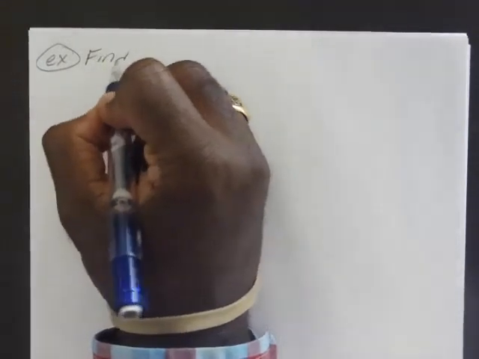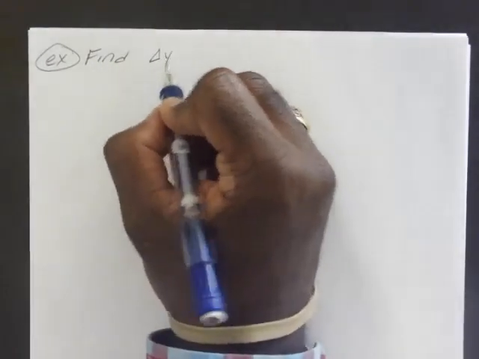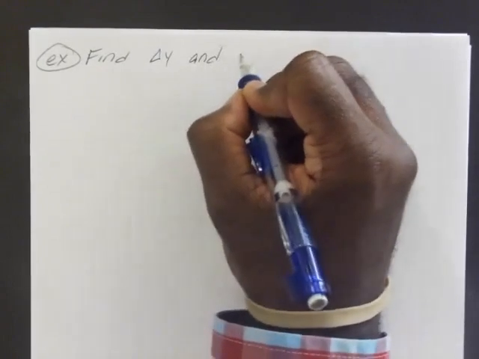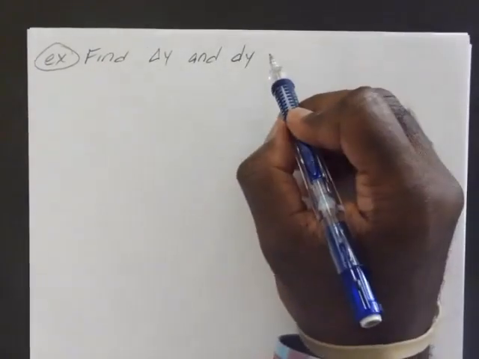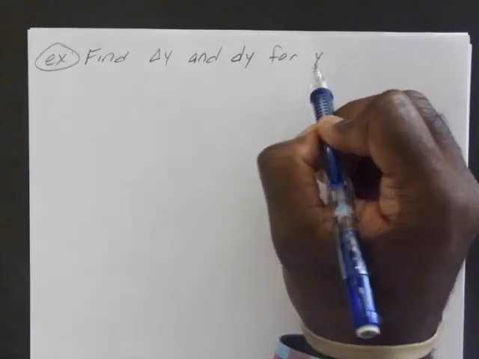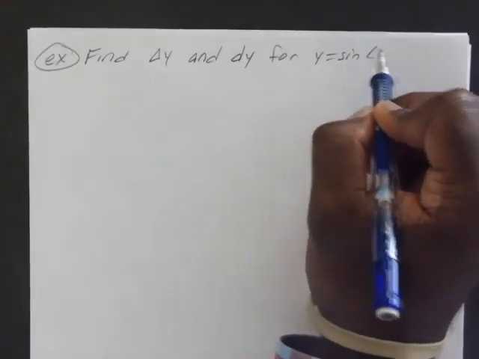So let's say, for example, if we wanted to find your delta y and dy for y is equal to sine of 2x.